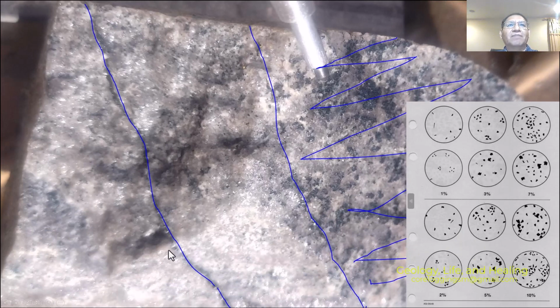But all the rest of the area is not going to be 1%. In my imagination, I just distributed the dots over the whole 13 centimeters of this sample, so it's going to be only 0.5% of volume.